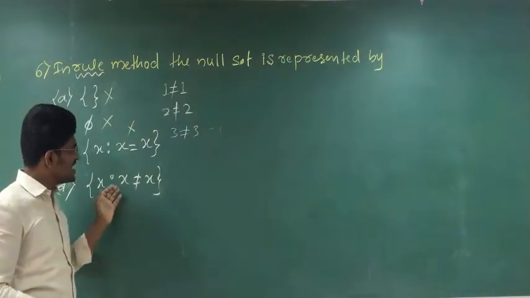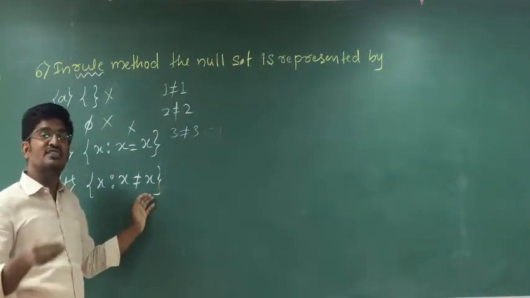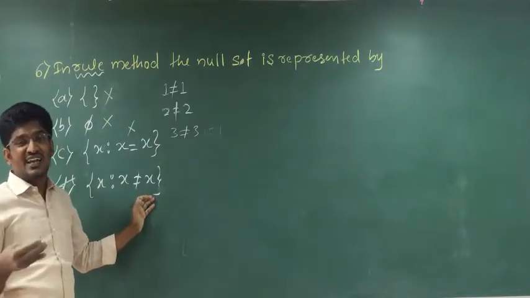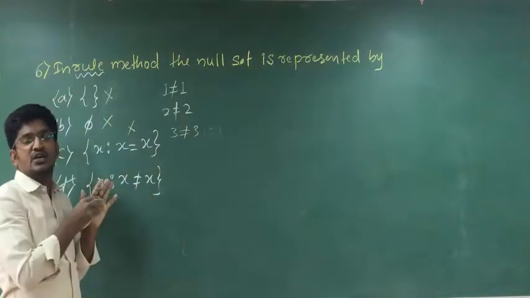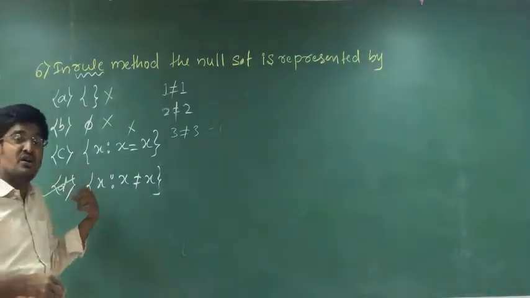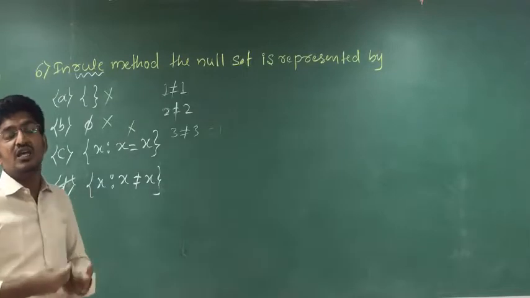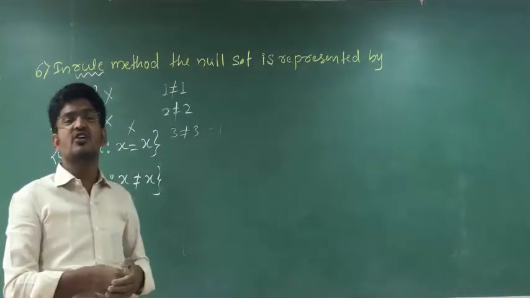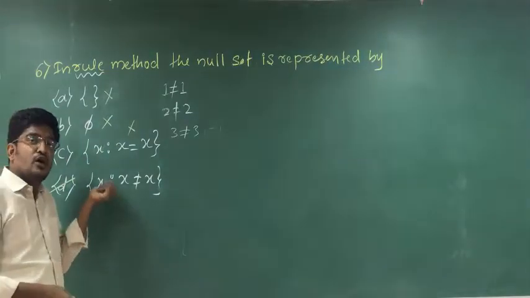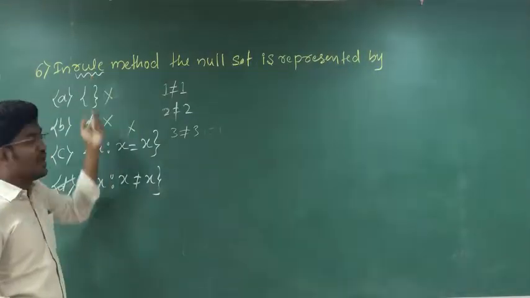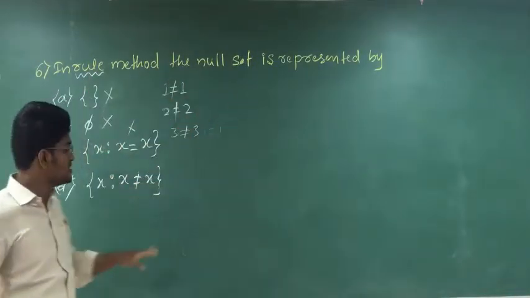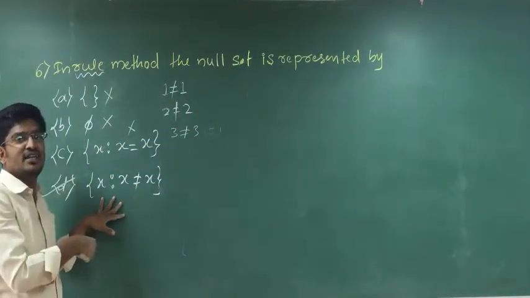So x not equal to x, that kind of numbers cannot be written in this set. What if you can't write? What is the meaning of that? This remains empty, and it is a rule. So this is a rule with the null set.